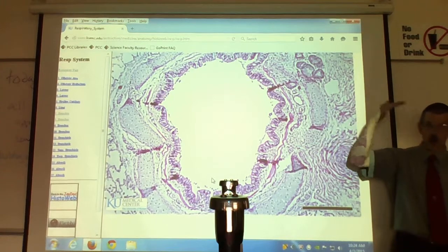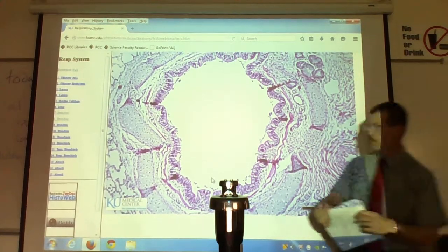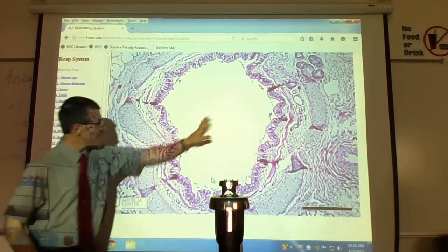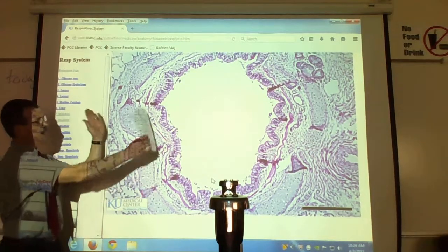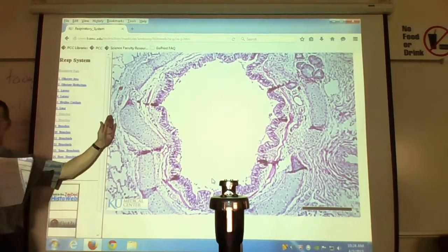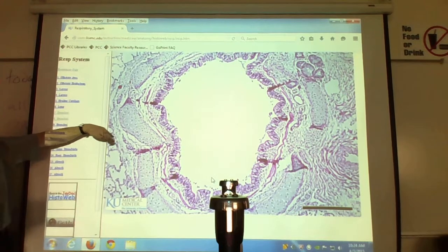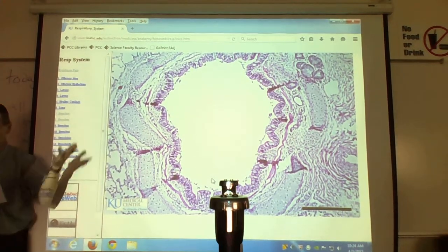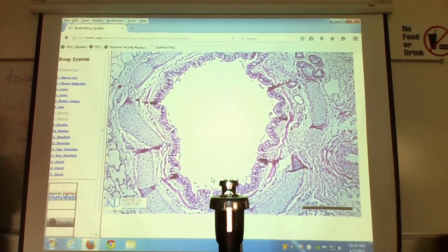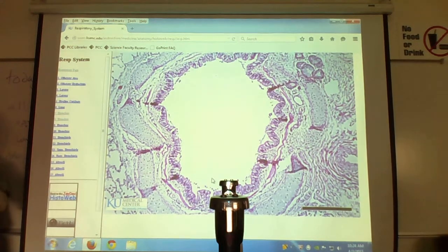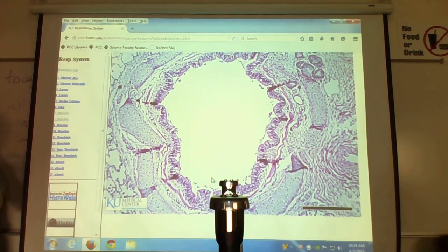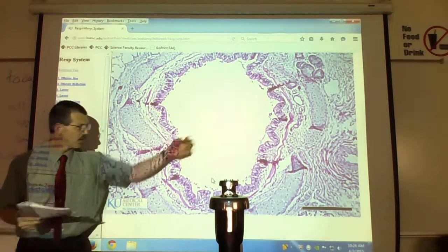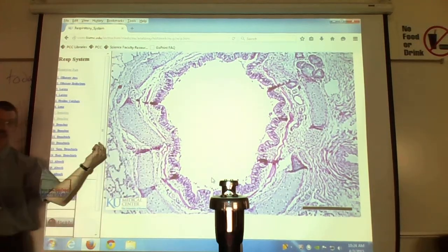Submucosa, because it's below the mucosa, like a submarine. So I have lumen, mucosa, submucosa. What do you call the layer outside the submucosa that glues it into your body? Adventitia. So every part of the respiratory system would have these layers: a lumen, a mucosa, a submucosa, and an adventitia.